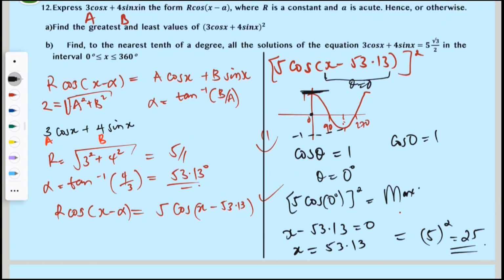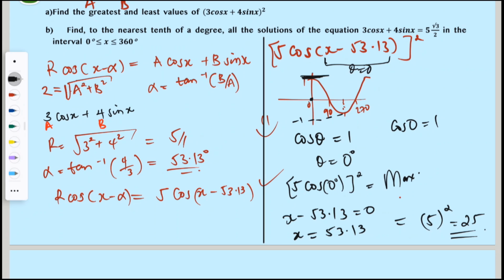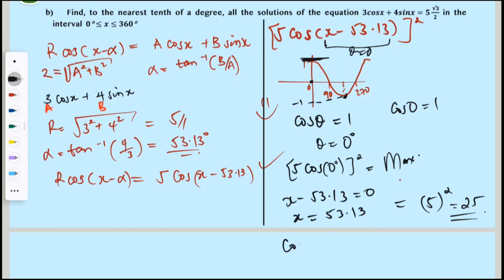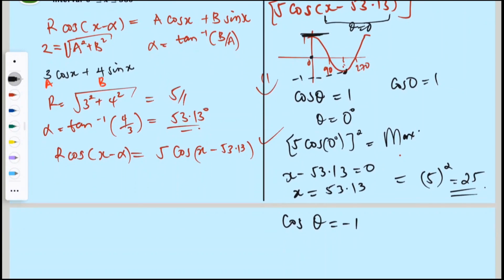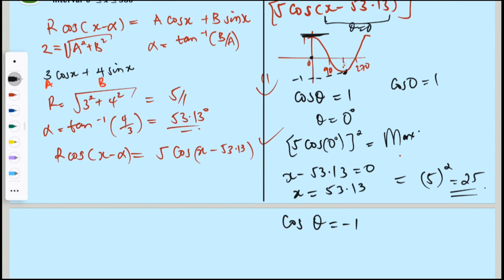The least value occurs when we have a trough, and that is when it's minus 1. Cos of the angle is minus 1. So then this occurs at theta being 180 degrees.